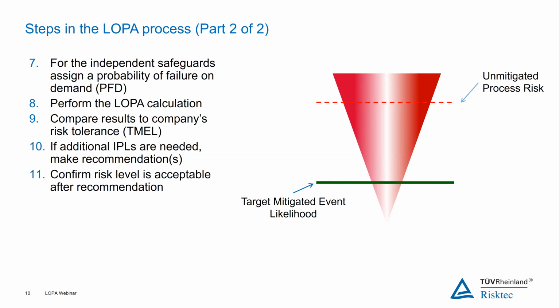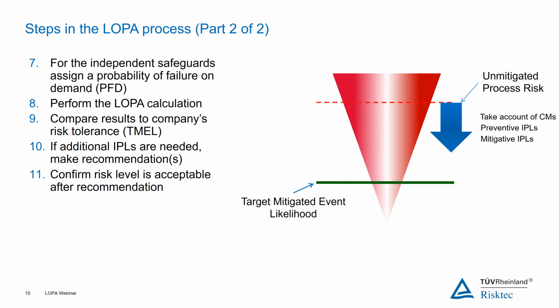So once we've defined this, and for each of our safeguards we understand what the probability of failure on demand is, we can then start to think about what those safeguards are actually doing for us, and how much they are truly protecting us against that unmitigated process risk.